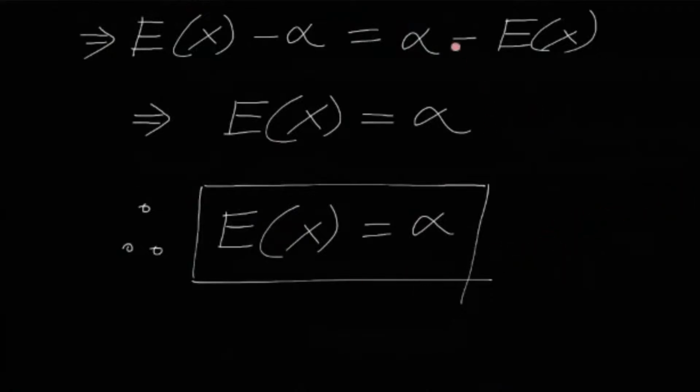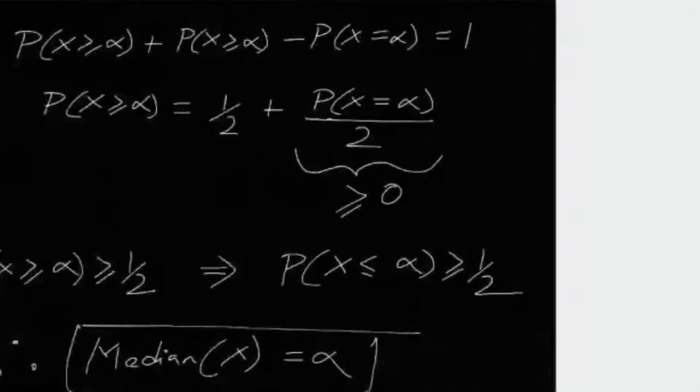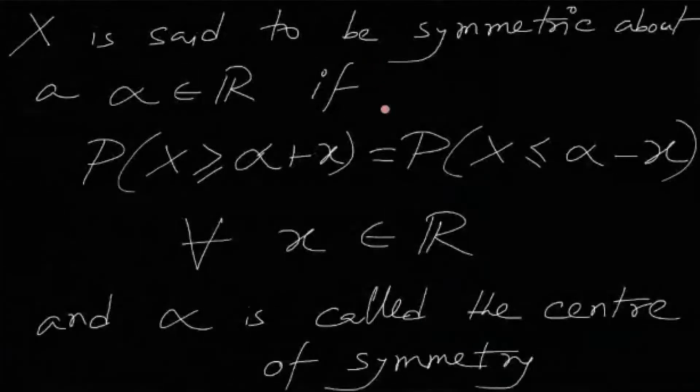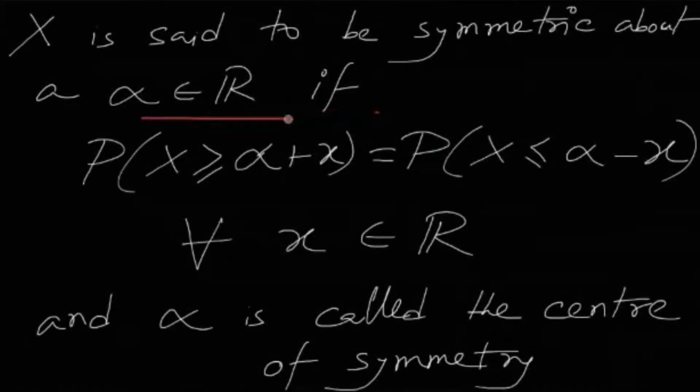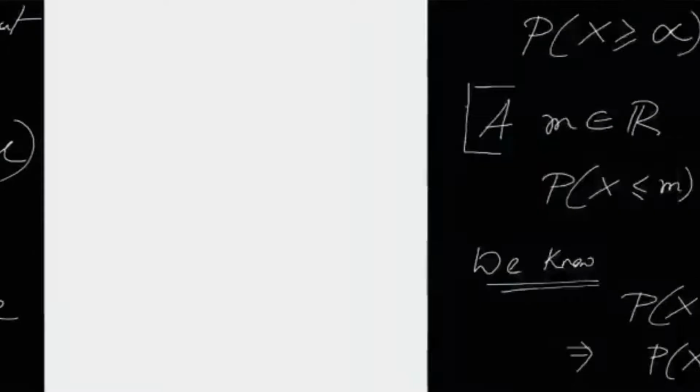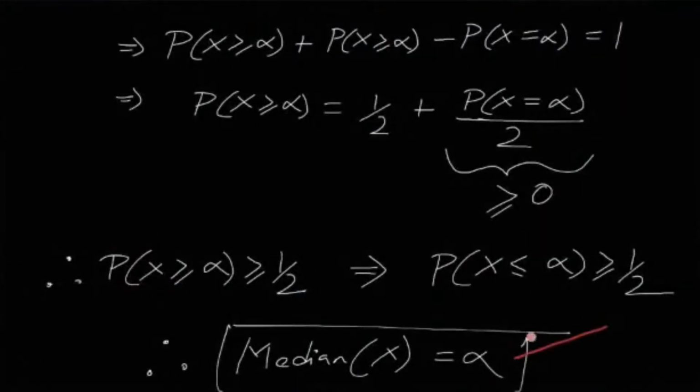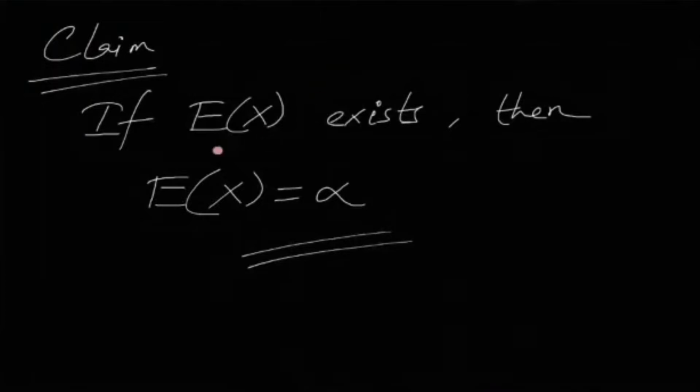That means we have just proved that if x is a random variable which is symmetric about a real number alpha, then its median is alpha. And if expectation exists, this part is important, the existence of expectation has to be justified first, then expectation is also that real number alpha.